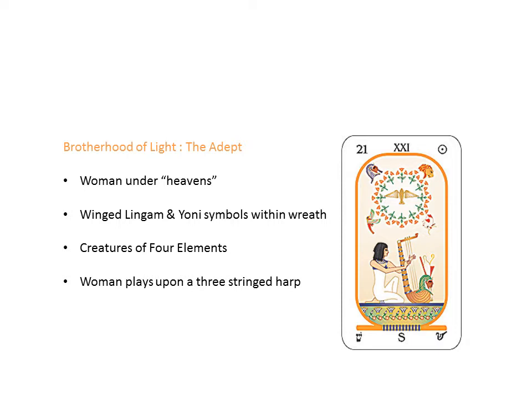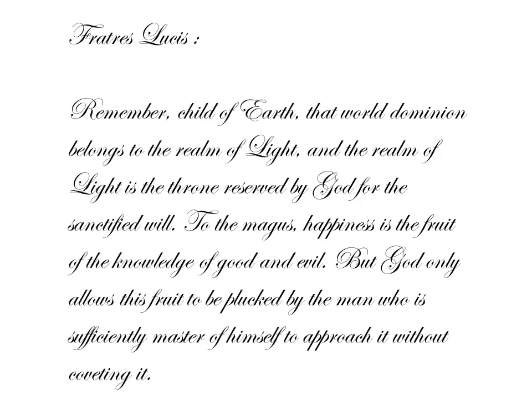Now, what's important to know is that the Brotherhood of Light also came out of the Fratres Lucis. And in that, the Fratres Lucis said, "Remember, child of earth, that world dominion belongs to the realm of light. And the realm of light is the throne reserved by God for the sanctified will.